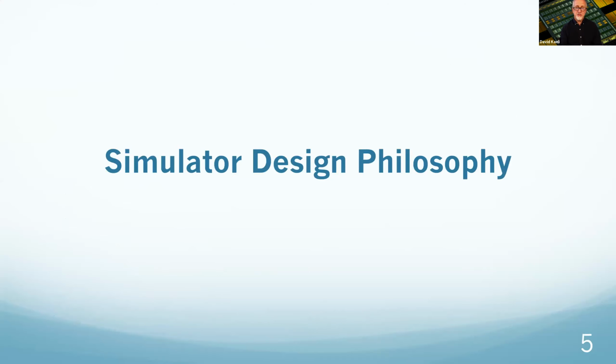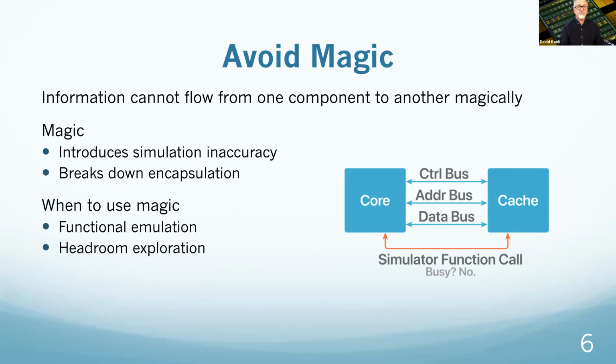So let's talk a little bit about the design philosophy of simulators. When you're designing a simulator, one of the things that developers sometimes violate is this: we have different components in our system.